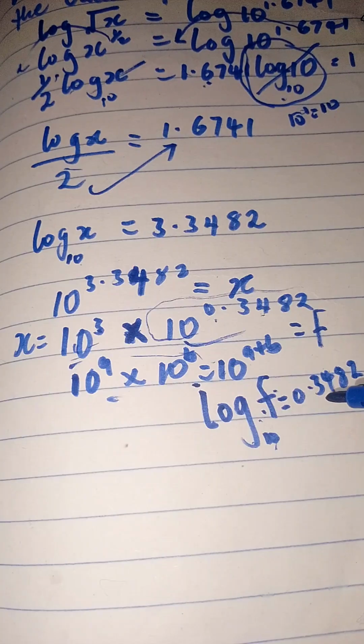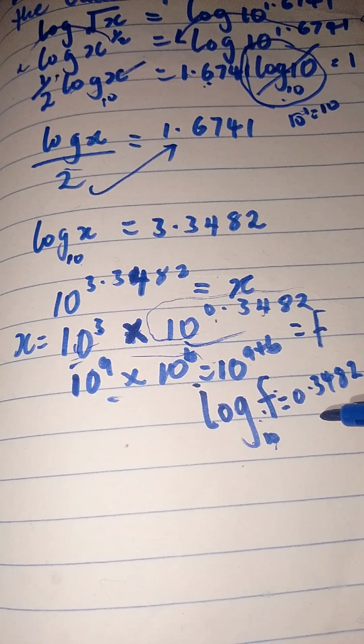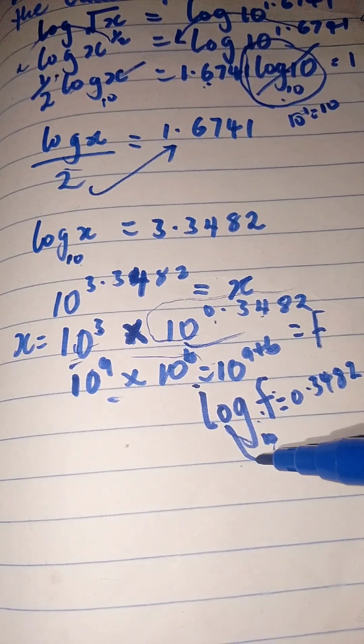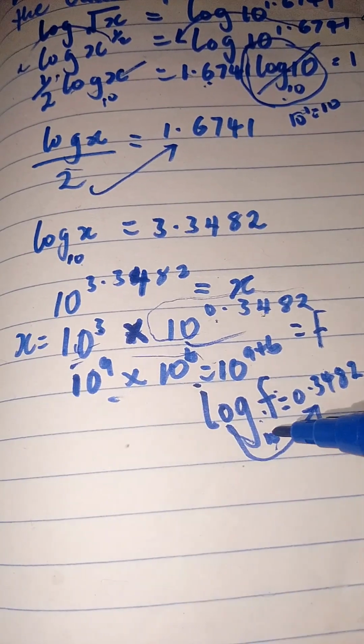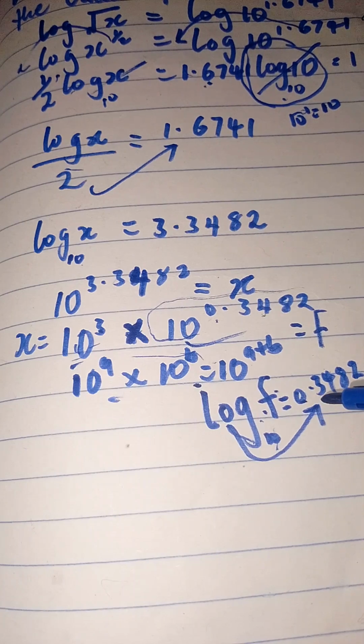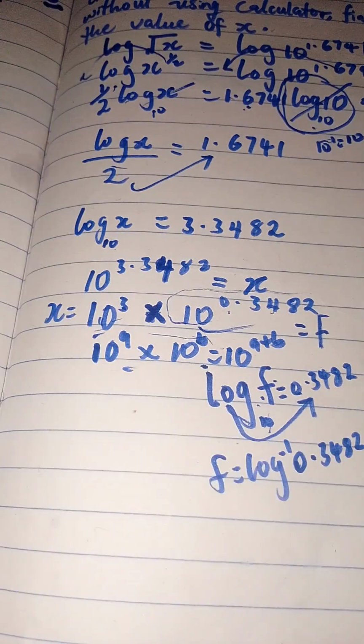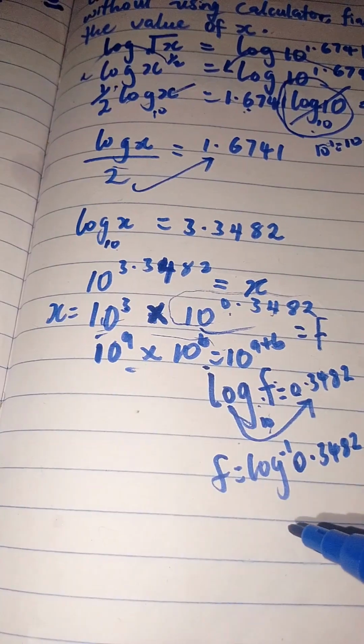That tells us that to find f, we take the log inverse of 0.3482, which means we are looking for the antilog.